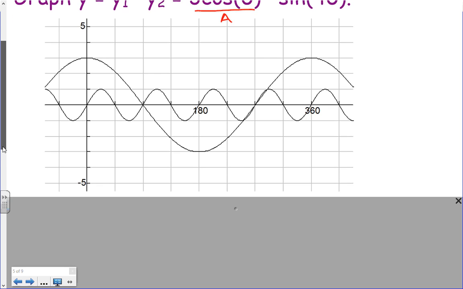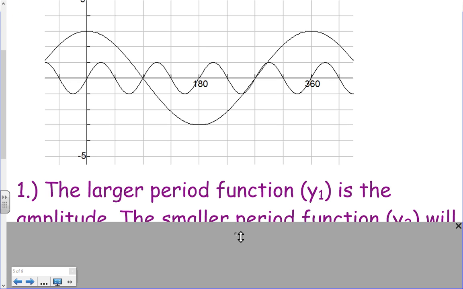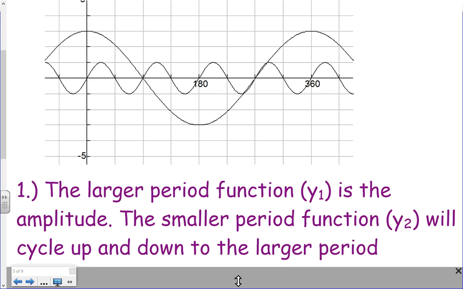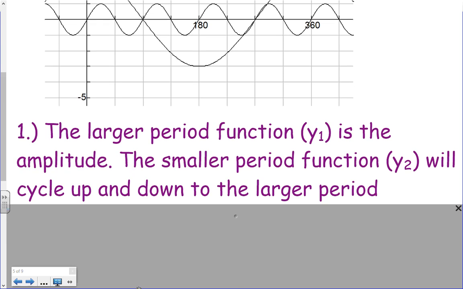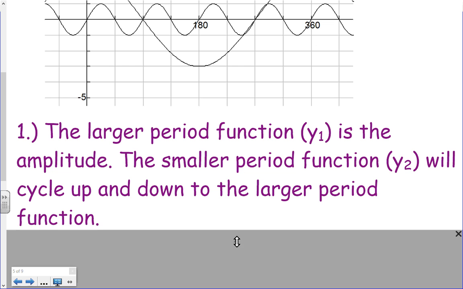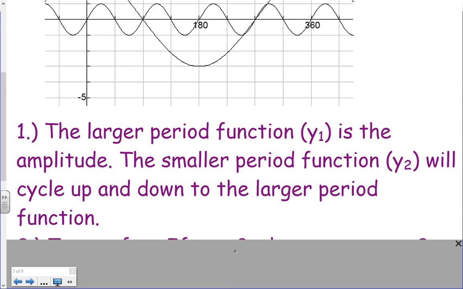All right, so let's go through basically the same steps that we just talked about. There will be a few results that are slightly different, but for the most part, we're going through the exact same steps to understand how we come up with the graph of this function. All right, so the larger period function, which is y1, is the amplitude. That's the first thing to notice.